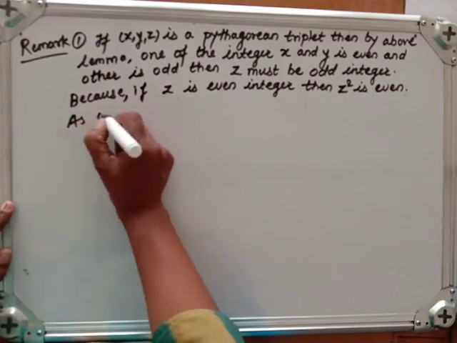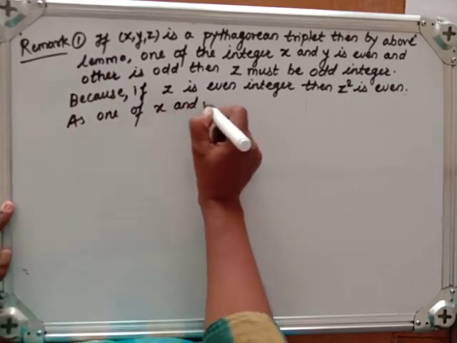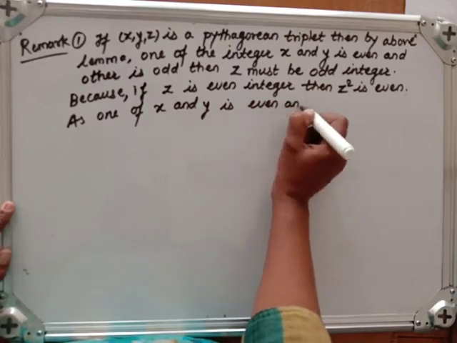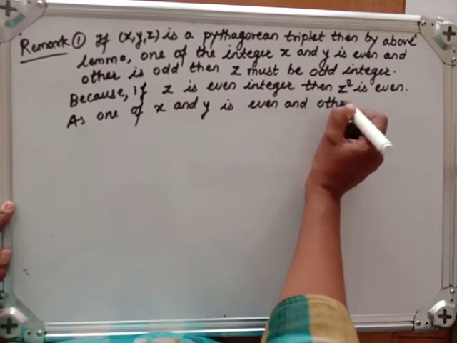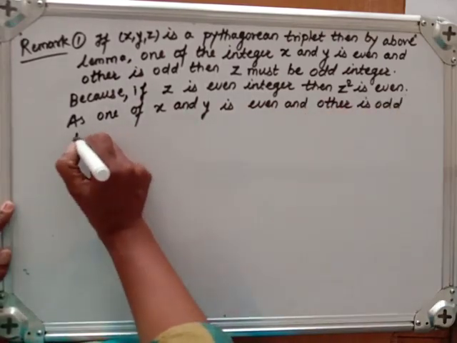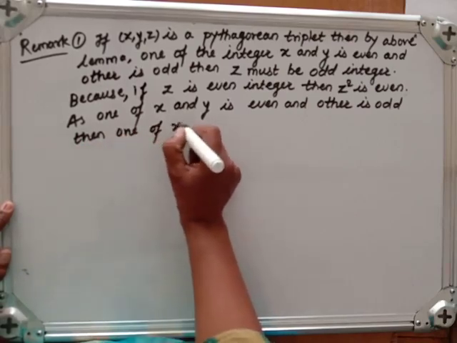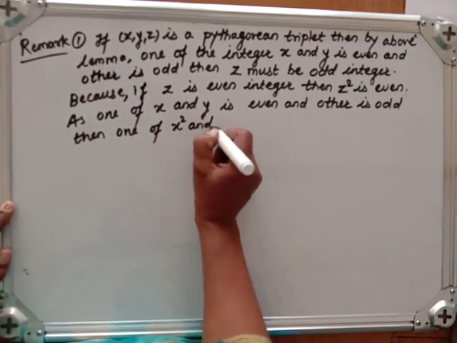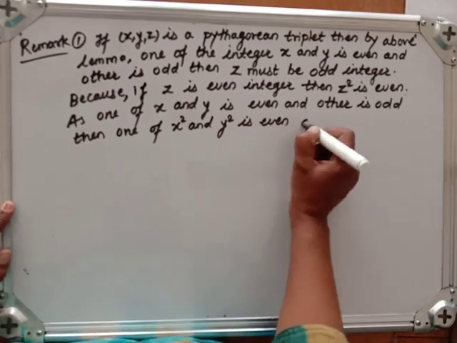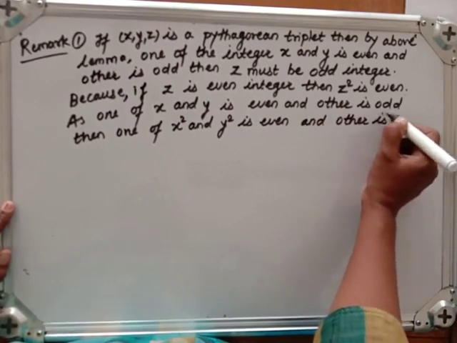As one of x and y is even and the other is odd, one of x square and y square is even and the other is odd.